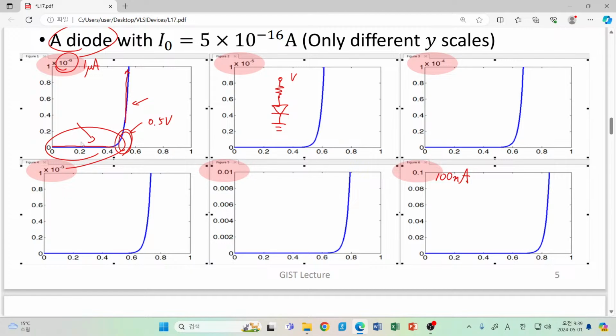It is not possible to turn on our diode. Since the diode is not turned on, it does not conduct any current. I is quite close to 0. Since no current conduction is allowed, almost every voltage will be applied to this resistor.